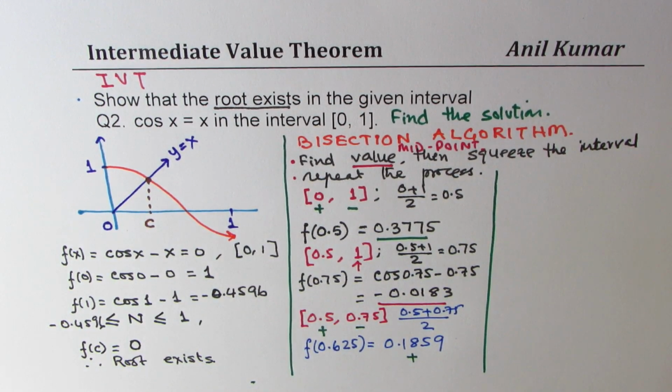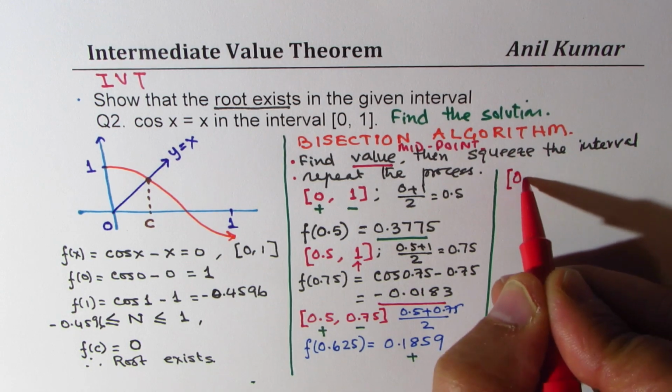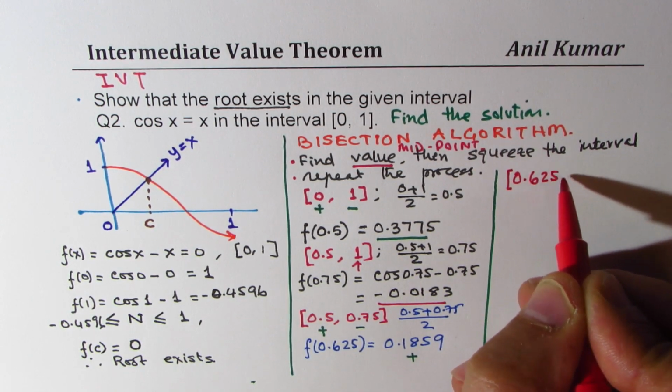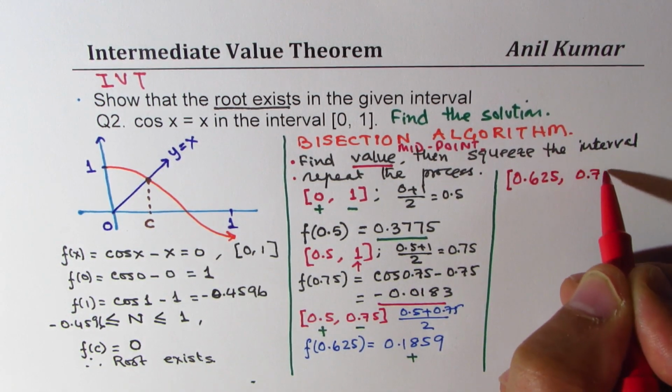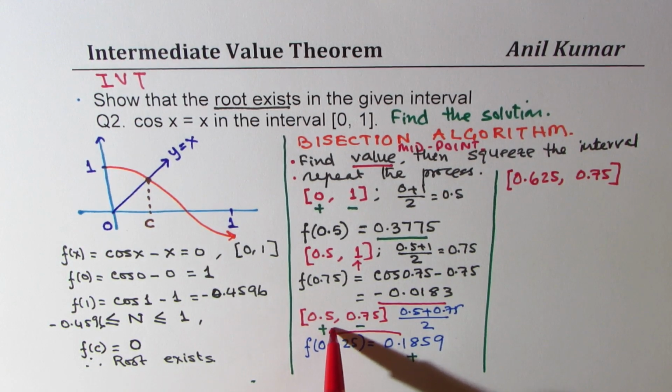So now we'll work in the new interval, which will be from 0.625 to 0.75. Since we got a positive value, we are going to replace 0.5. Perfect.